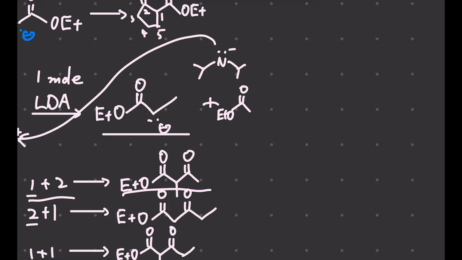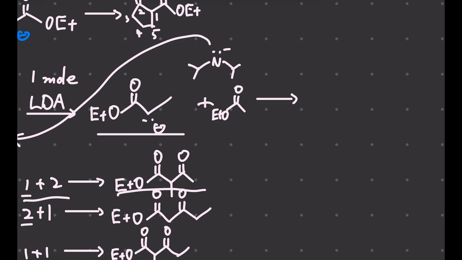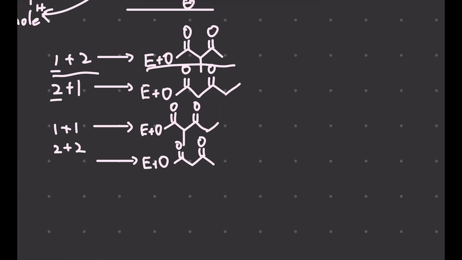And this will form our desired product as a major product. However, this is still not 100% yield. There are side reactions that can occur, but this will give us our desired product as the major product.